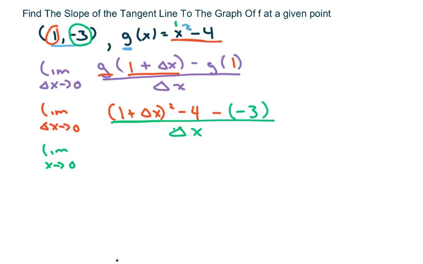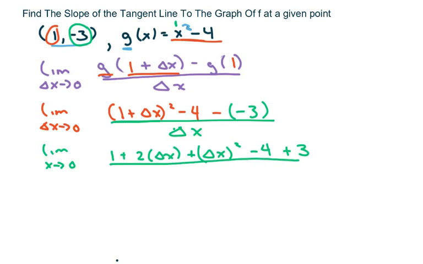And I'm going to FOIL that out. 1 plus 2 delta x plus delta x squared minus 4, and then that's going to be plus 3 all over delta x.